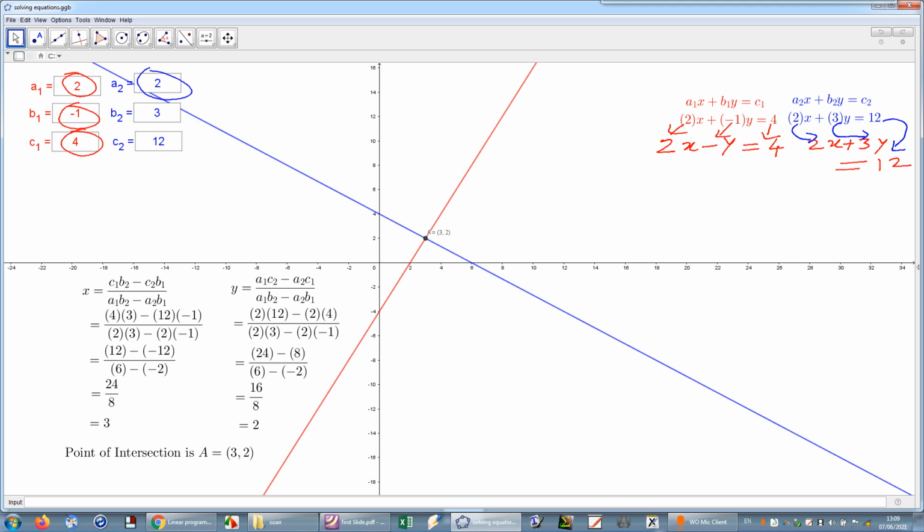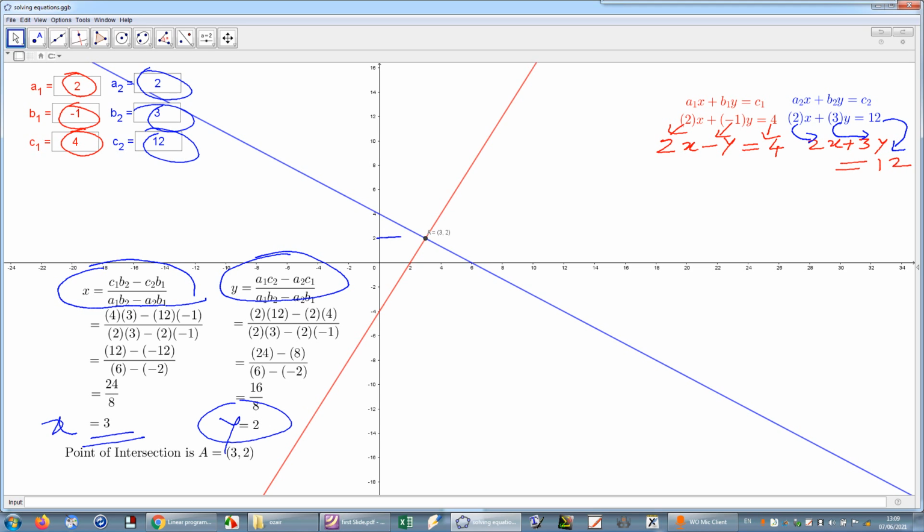You might be remembering the formulae for x and y. If not, try to remember these two formulae. Substitute values of A1, B1, C1, A2, B2, C2, do calculations, and within two or three steps, you will get x equal to 3 and y equal to 2.